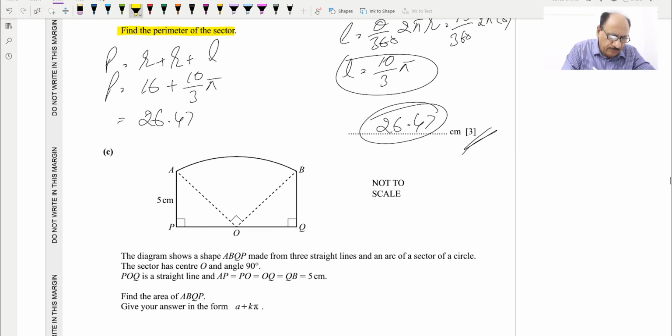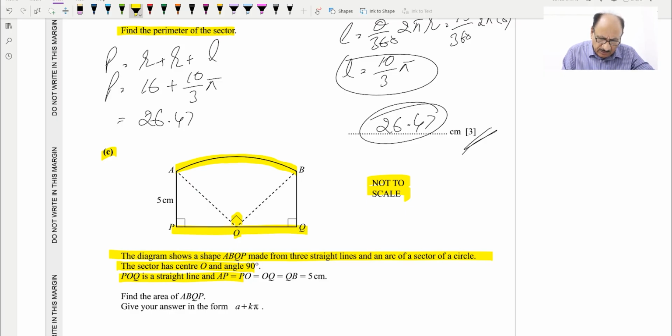Now the C part. Again, the diagram is not to scale. The diagram shows a shape ABQP made from 3 straight lines and an arc. The arc is this one, of a sector of a circle, and the sector has center O and angle L. This angle is 90 degrees, and they are saying POQ is a straight line, which is this one.